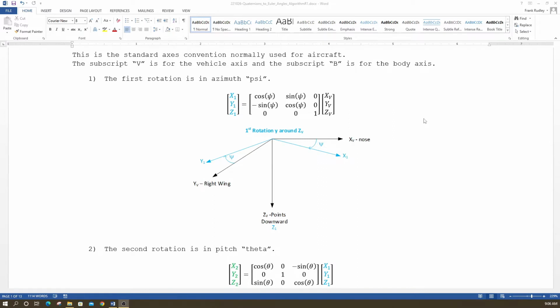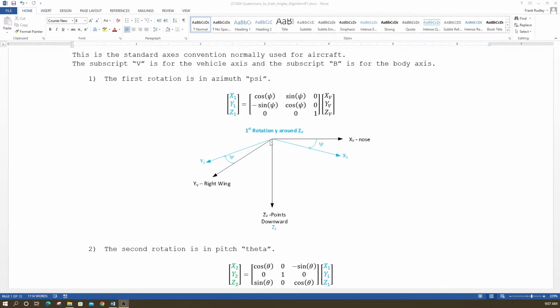Now the vehicle axis is represented by this black axis, and Z always points downwards towards the center of the Earth. So this rides on the Earth, where the B axis, which we'll show down below, is attached to the airframe. So this axis is fixed relative to the Earth.